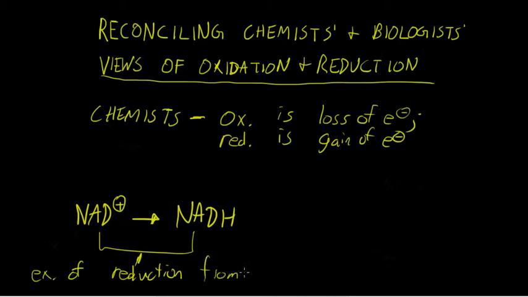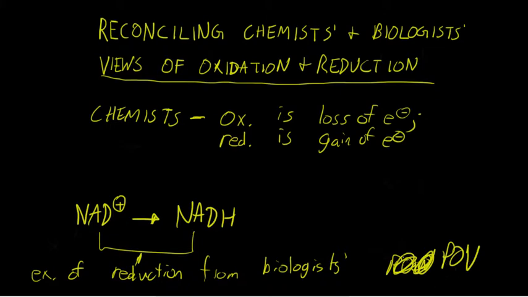Reduction from a biologist's point of view. Not POW. We're not talking about prisoners of war here. Okay, so this is an example of reduction from a biologist's point of view.